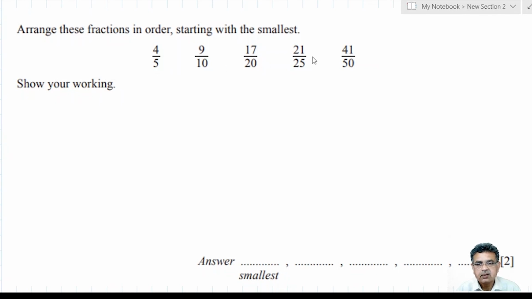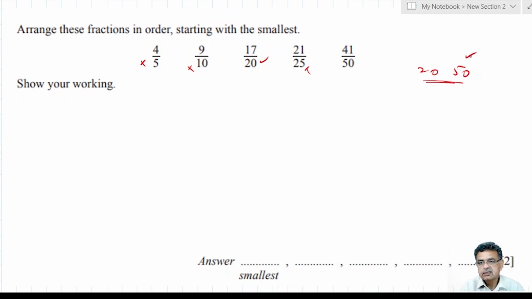All of them are multiples of 5, so we won't include 5 in finding the LCM. A multiple of 10 is also there, so leave 10 as well. A multiple of 20 is not there, so we will consider 20 while finding the LCM. A multiple of 25 is 50, so leave this as well. So these are two numbers whose LCM we have to find.